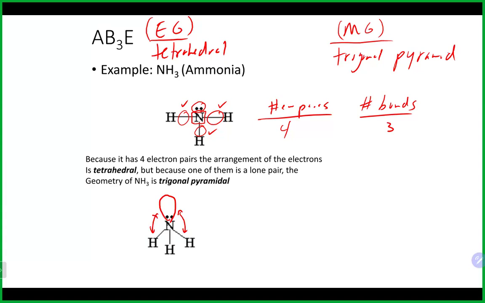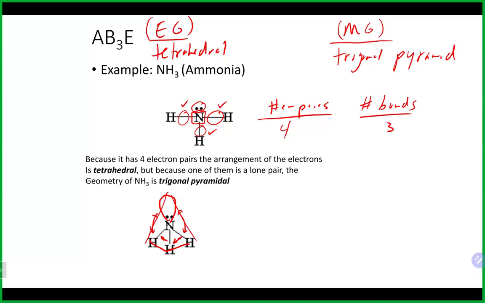But now we have those 3 bonded guys, which also need to keep some distance from each other. It makes a pyramidal shape on the bottom and a triangle from the top, hence trigonal pyramid here. As you can see, all the bonding guys are getting near each other as best they can, and they're trying to keep as much distance from those non-bonding electrons because they don't want to be near them, and they want to get as far away as possible.